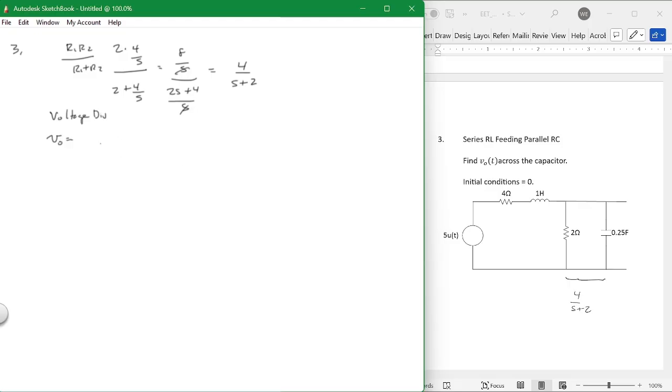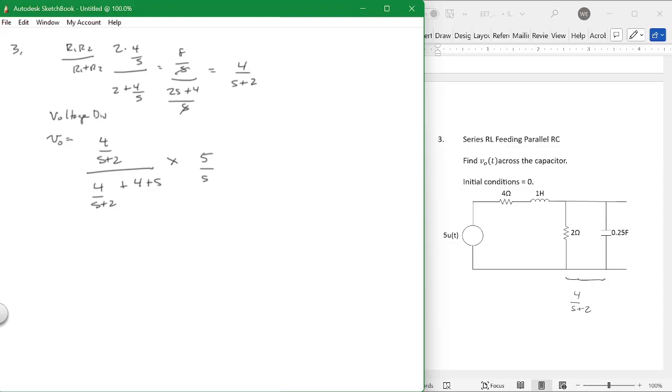It's that 4 over S plus 2 over 4 over S plus 2 plus 4 plus S, times 5 over S. And that's it. Now, once you've got that far, it's just combining stuff and getting stuff in its order.